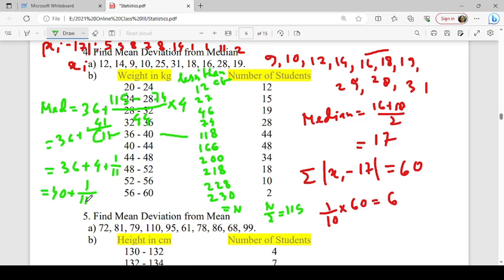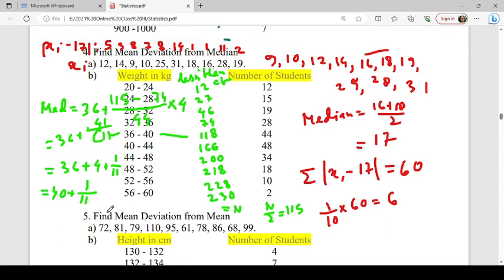So this is median, and approximately, because we have to compute again, so we take the approximate value as 40. So this is median.